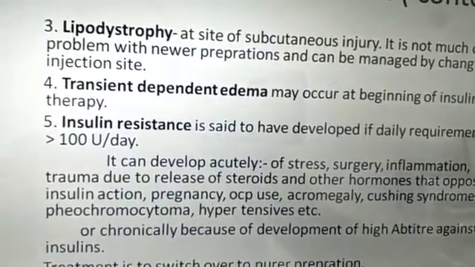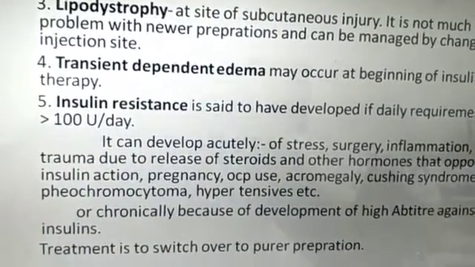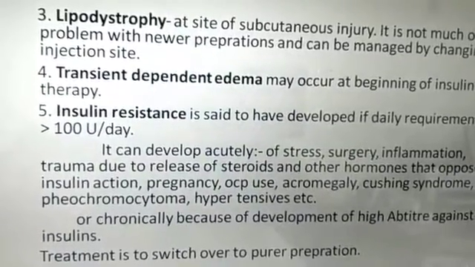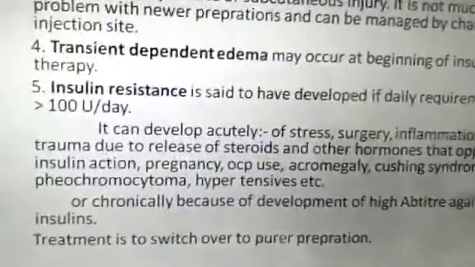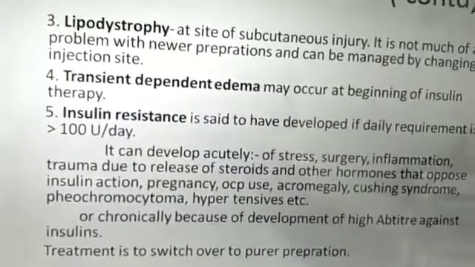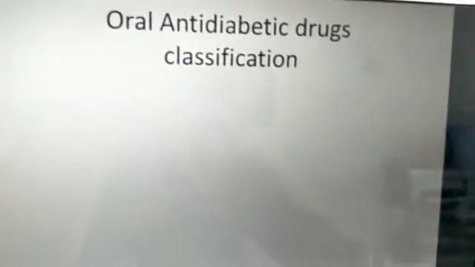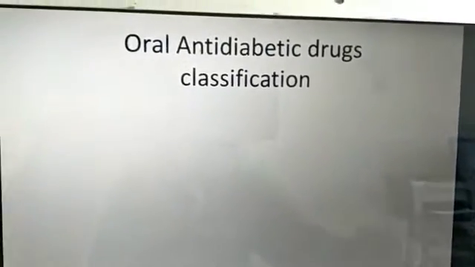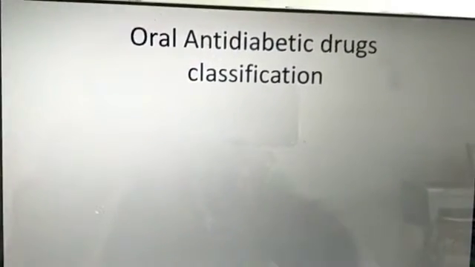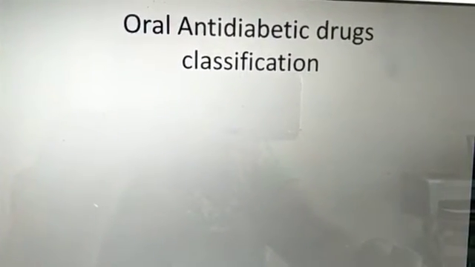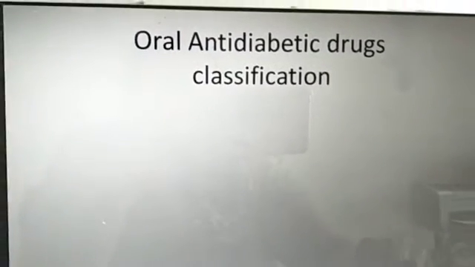Then we have discussed the adverse drug reactions, out of which first and foremost being hypoglycemia, and it is important to know the management of hypoglycemia. Then we come on to the classification of oral anti-diabetic drugs. Remember, type 2 diabetes mellitus is always first treated with non-pharmacological measures and oral drugs.